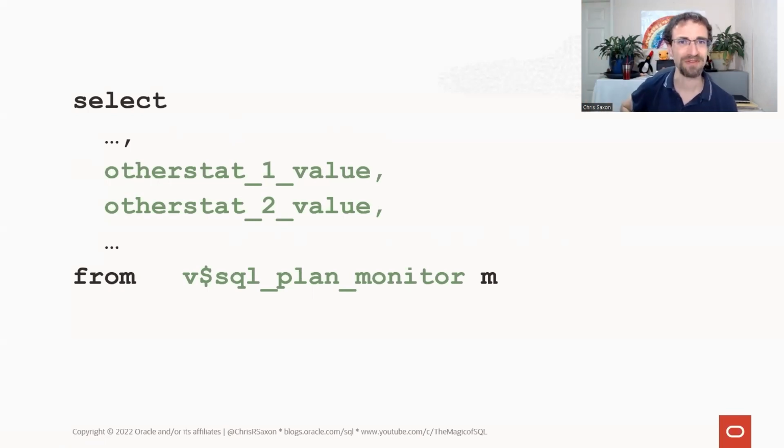This is really, really useful. If you've ever had a SQL statement that runs for an hour, years and years ago, before this existed, you typically had to wait for the whole thing to finish to get the full plan and see what was really going on inside. With the monitor, you can see pretty much straight away what's going on and get an idea of what you need to change to make it faster.